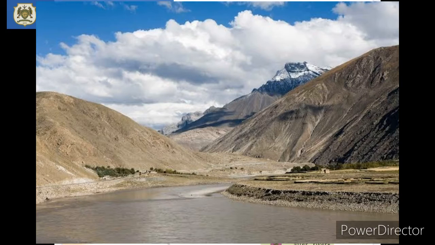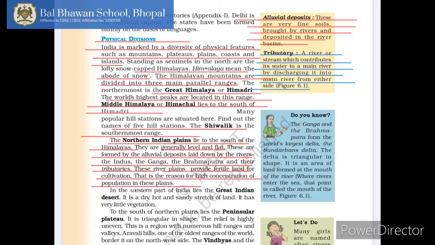So the river carries soil with it, and this fine soil gets deposited. That is how these plains are formed.